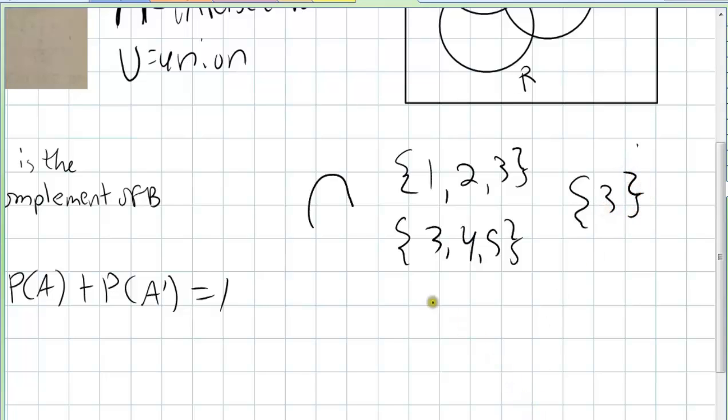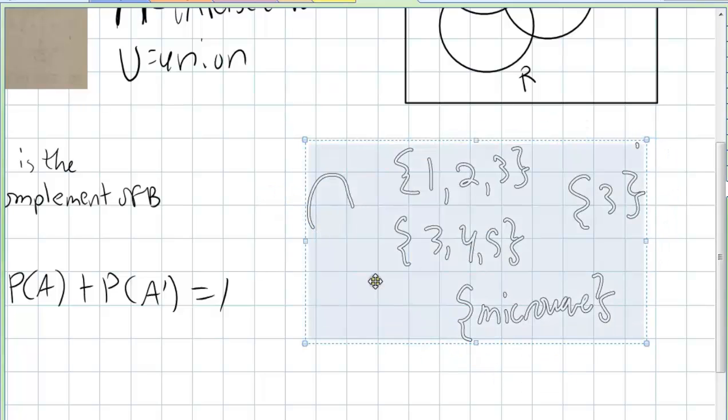That's it. And in our previous example, the only thing that would be included for the intersection would be the microwave that both of them had. Alright, so now we understand what that means.